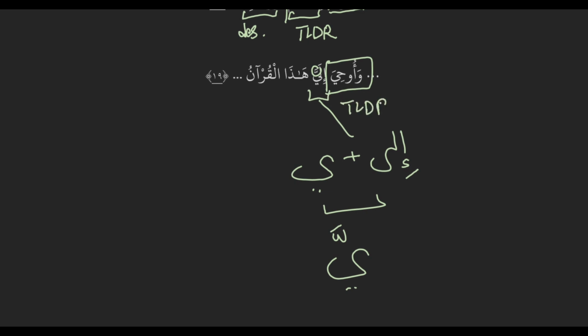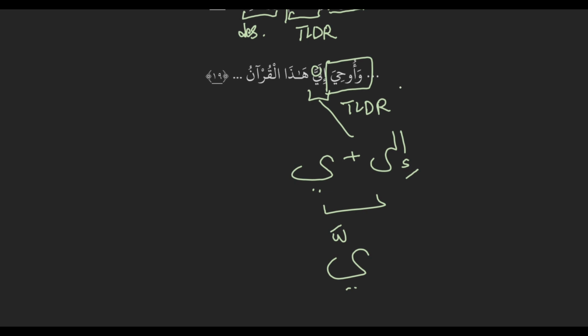Specific plus specific does make a descriptive, but it has to be a specific noun plus a specific description, right? Is hada a description? Is it a describing word? No. Can you use this as a description? No, this is a pointer.